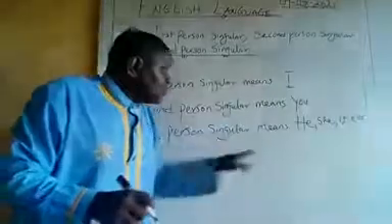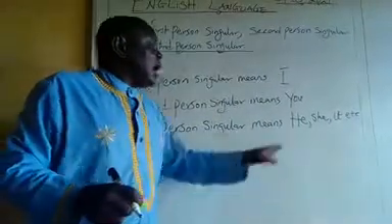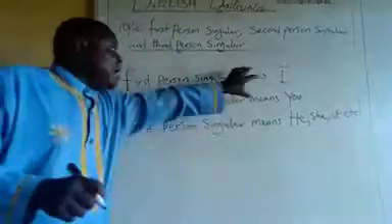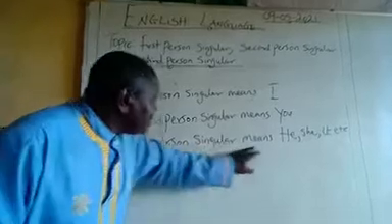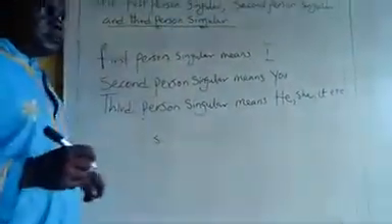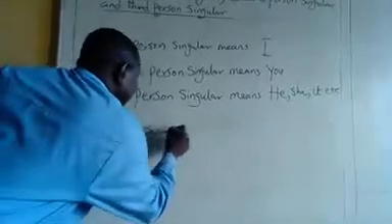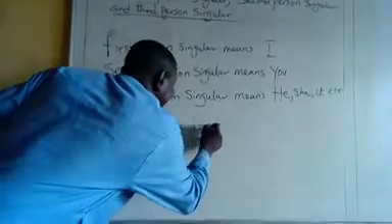But the verbs of the third person singular are not the same with the verbs of the first and second person singular. The verbs of the third person singular must carry S, ES, or IES.